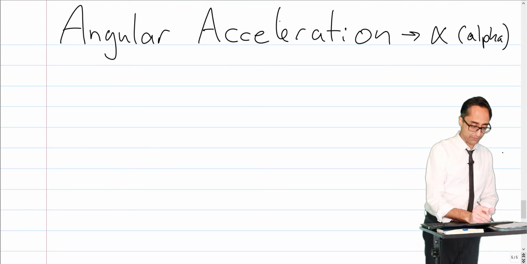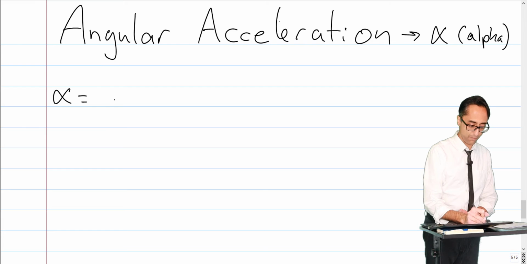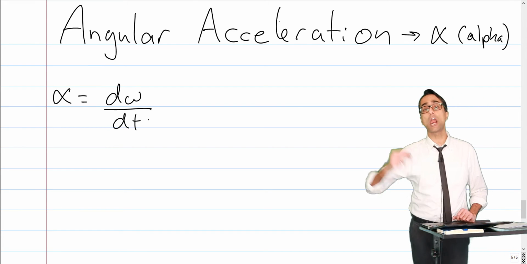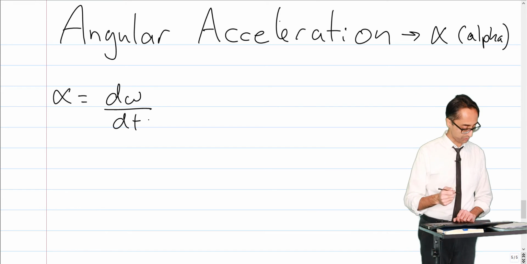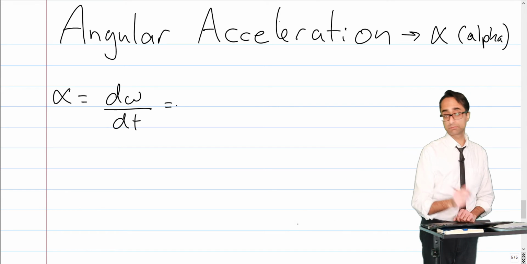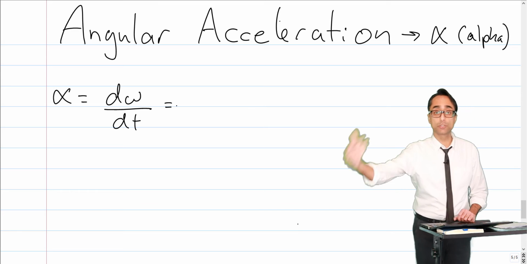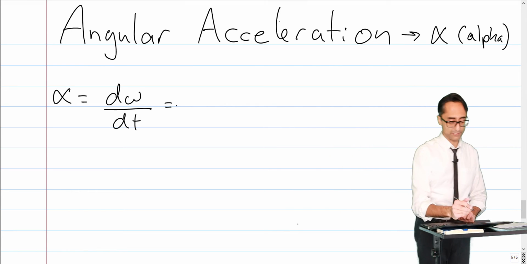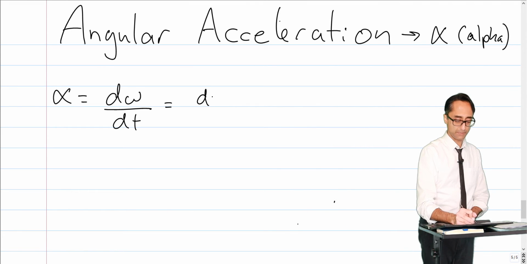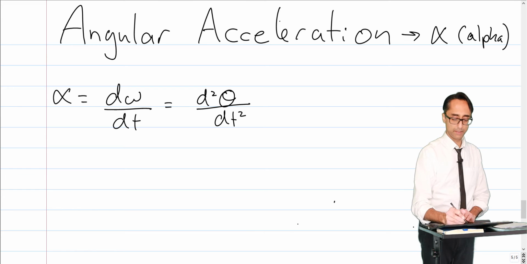So angular acceleration is given by alpha. Alpha is equal to the time rate change of angular velocity with respect to time, which, for those that are paying attention, is the derivative of a derivative of angular displacement, or the second derivative of angular displacement with respect to time.